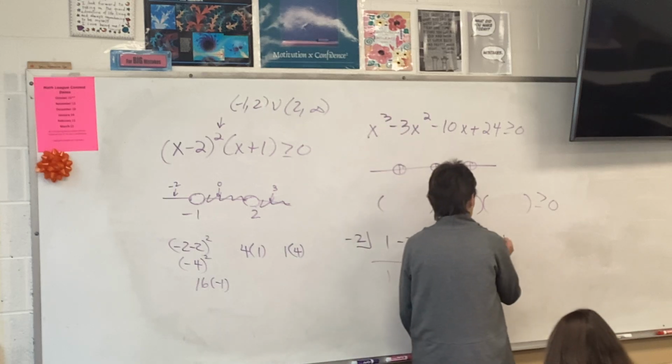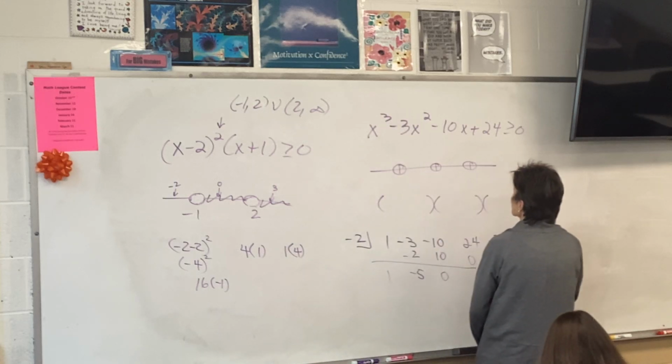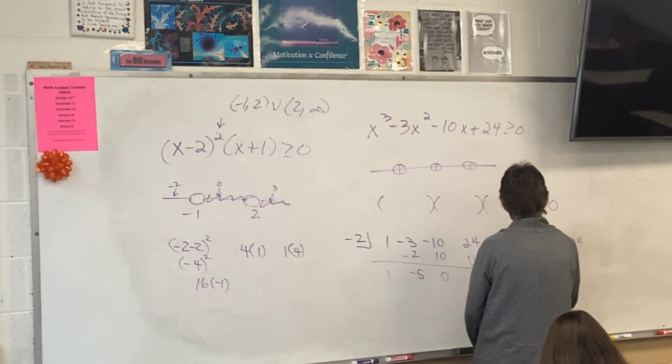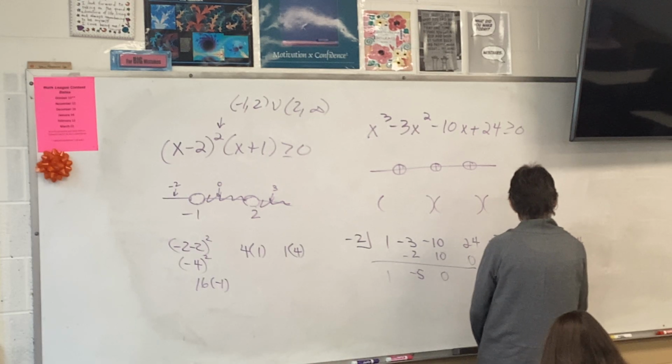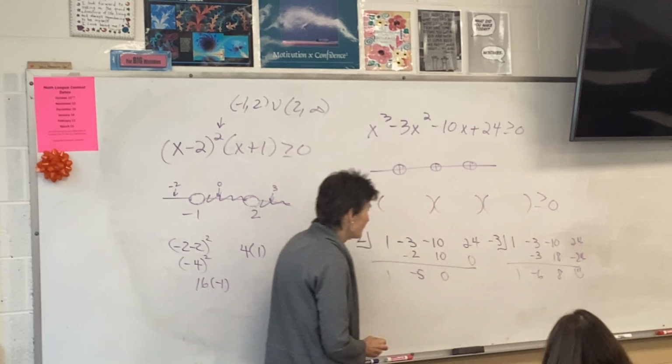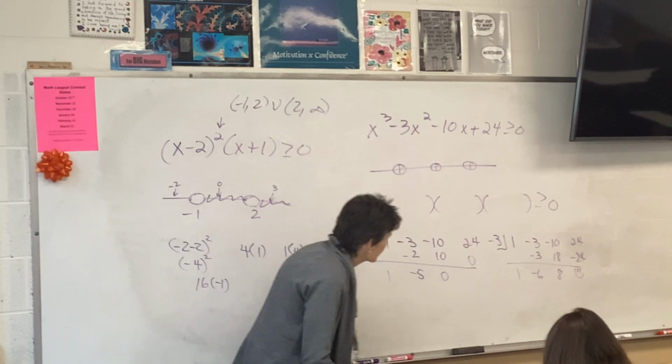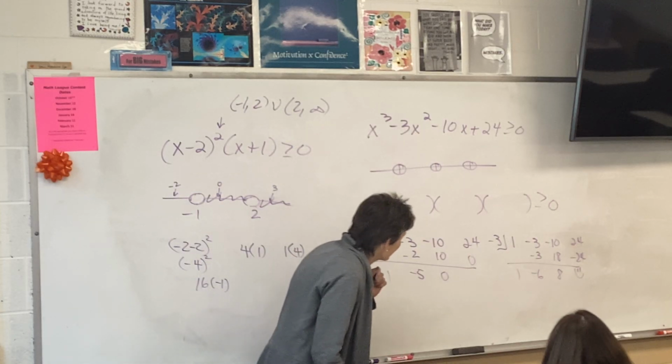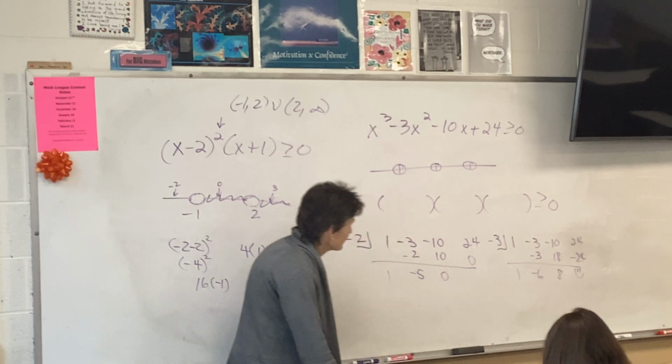Negative 3. Hey, there you got one. Negative 3 worked, I think, if I did my math right. Sometimes I just do wishful thinking to make it work. No, I think that works.